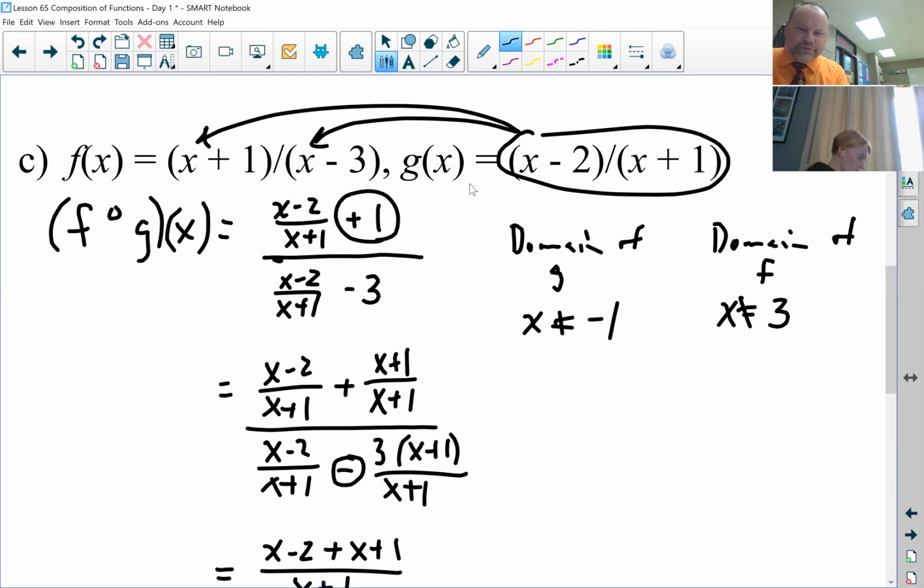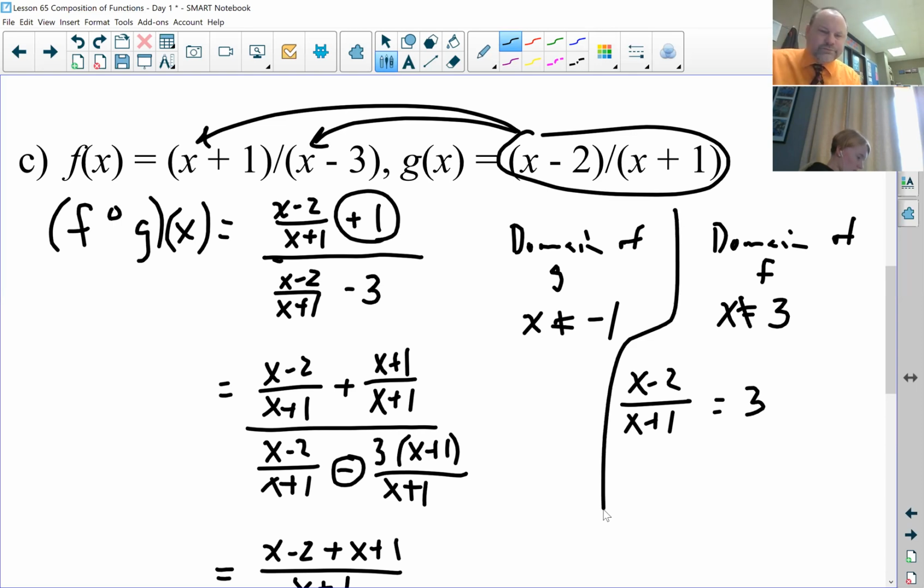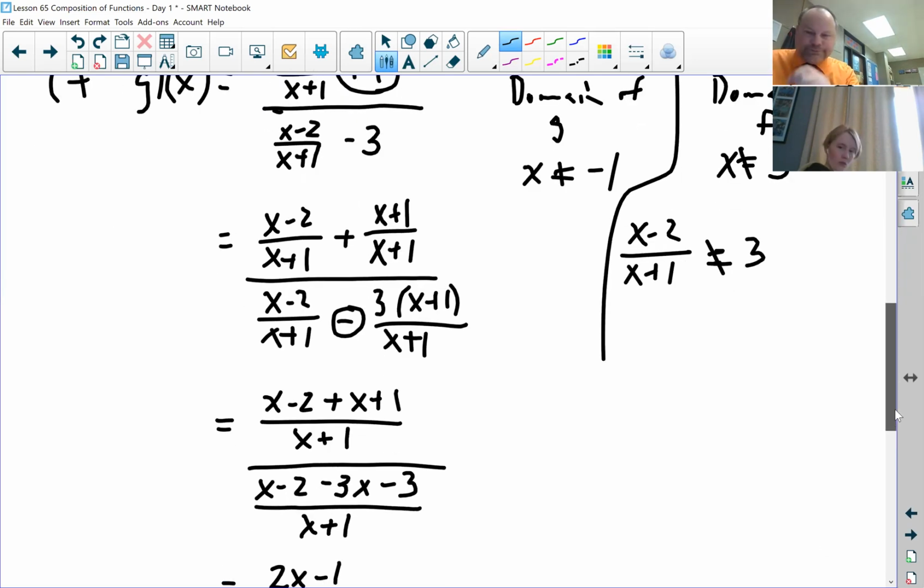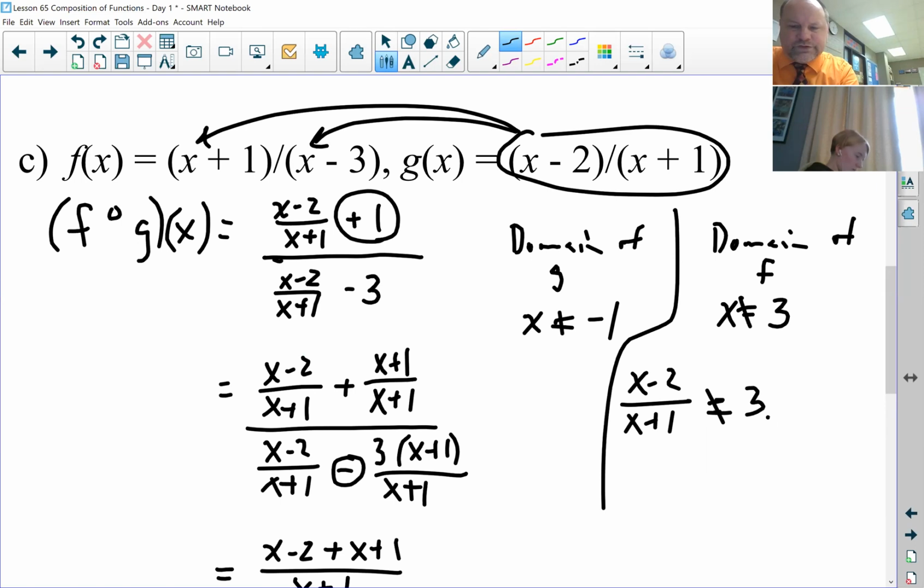So what we want to do is find where X minus 2 over X plus 1 is equal to 3. Or technically, we want it to not be equal to 3. So I would think of that as 3 over 1 and cross multiply.